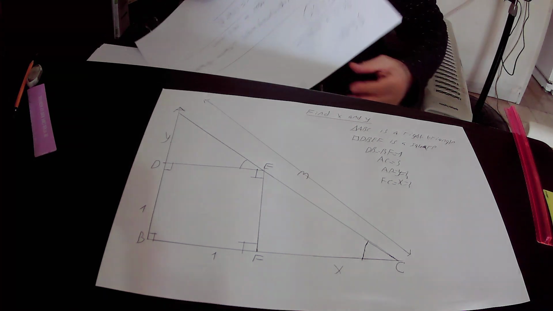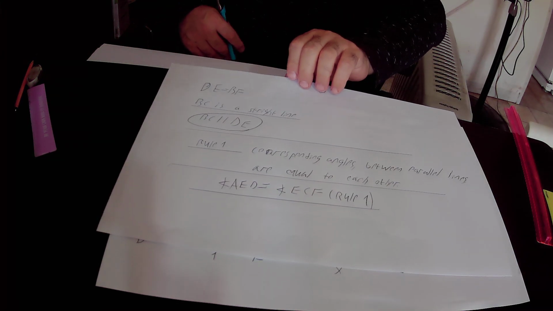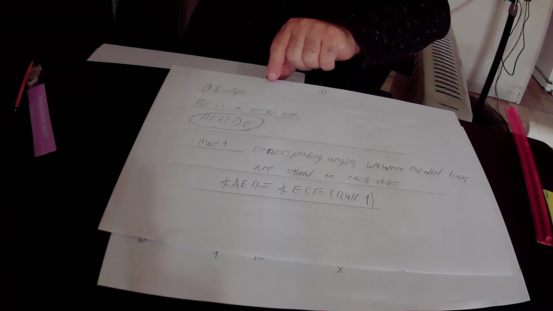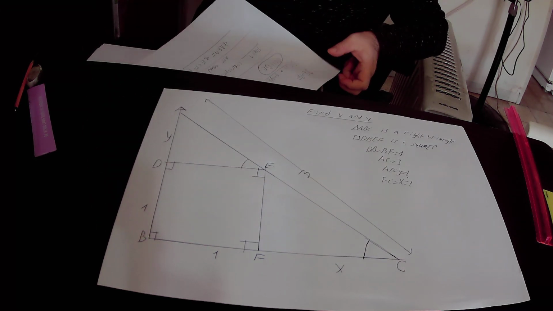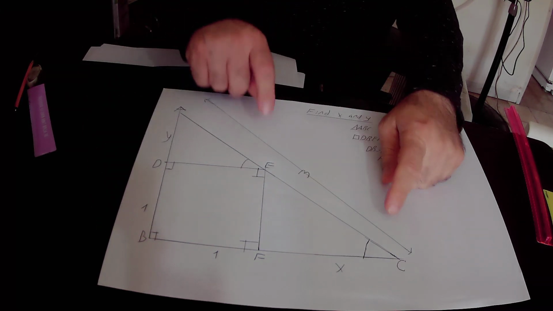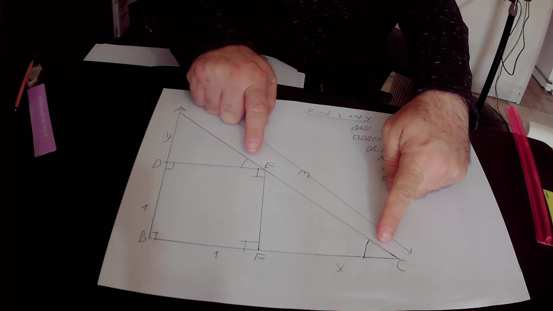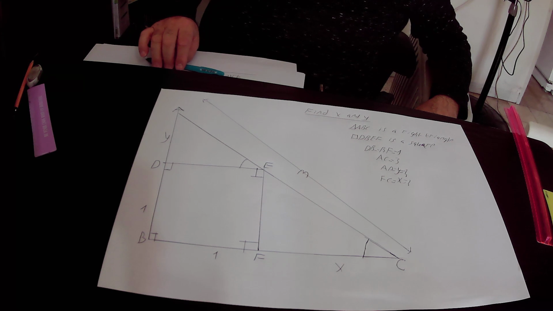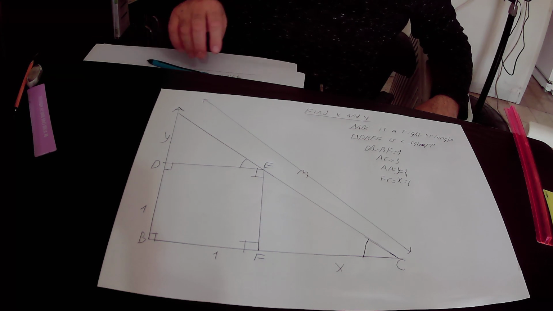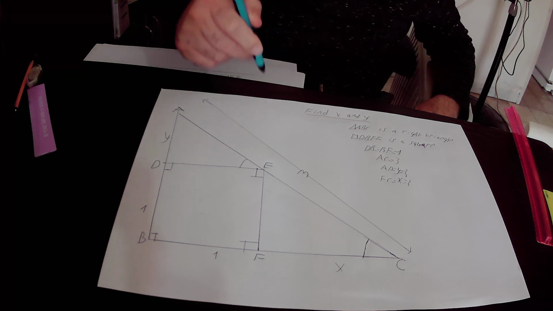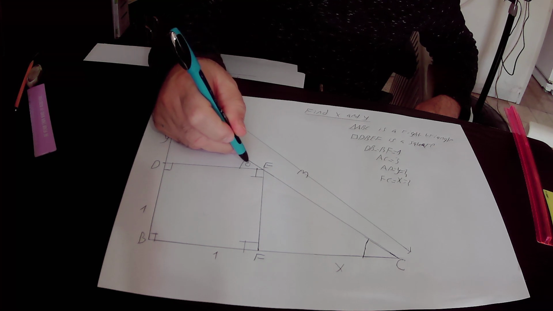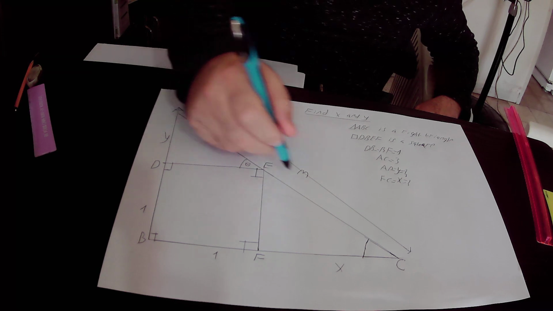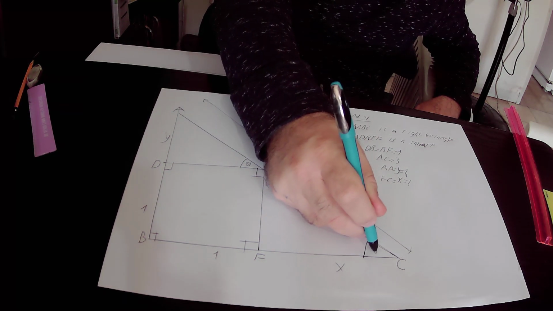I repeat again, angle AED equals angle ECF according to rule number 1, because those two corresponding angles are located between the parallel lines DE and BC. So if we define angle AED, this angle, as theta, then angle ECF will also be equal to theta.